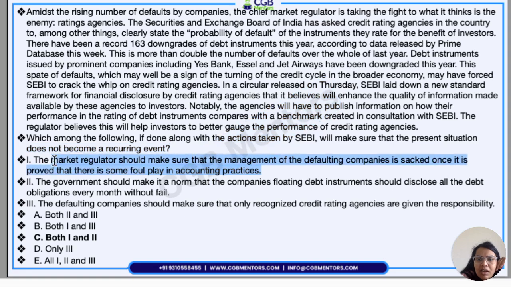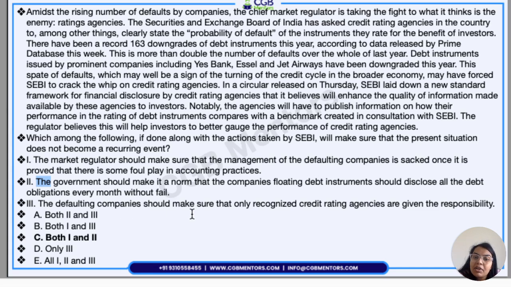So the first one is definitely something that will support the new framework. The government should make it a norm that the company's floating debt instruments should disclose all debt obligations every month without fail. Regular updates will keep coming, so that will also help us. It will help SEBI's new framework, because SEBI is asking for more transparency. That is clear from the passage.